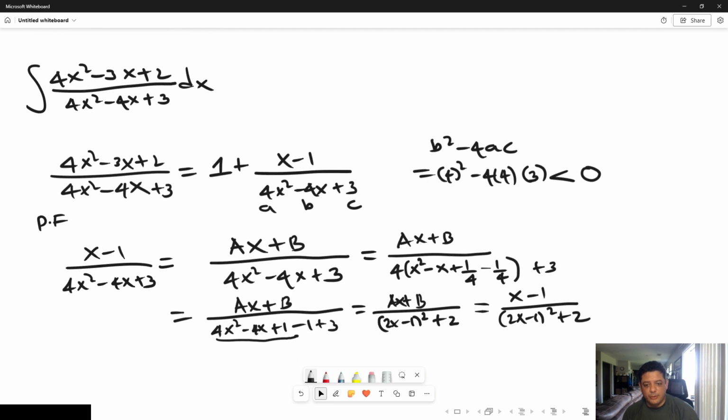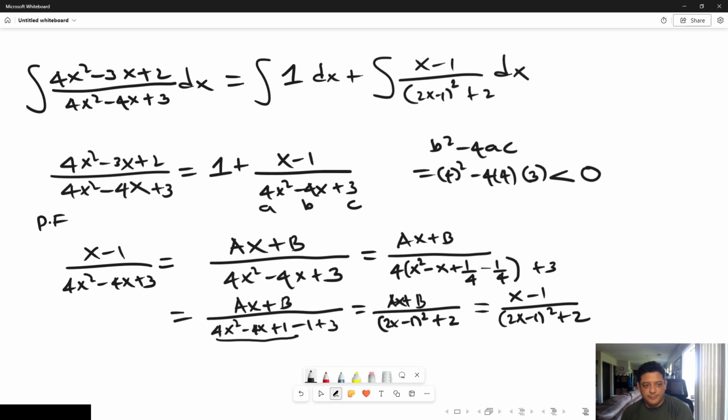So if I go back here, there's going to be the integral of 1 dx plus the integral of x minus 1 over 2x minus 1 squared plus 2 dx. And of course this is x, and now I'm going to do a substitution. It's very easy to change this to be a substitution where u is 2x minus 1, and so du is 2 dx.